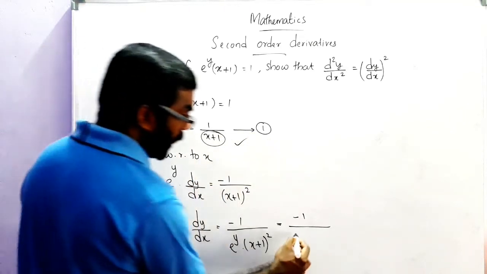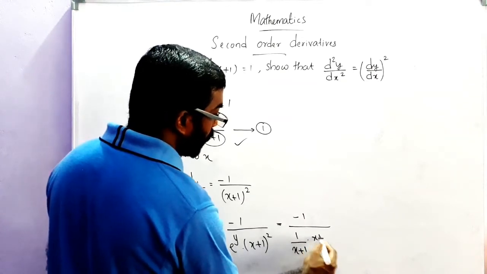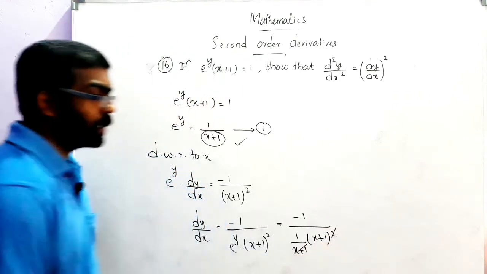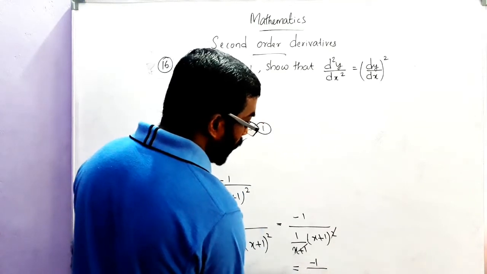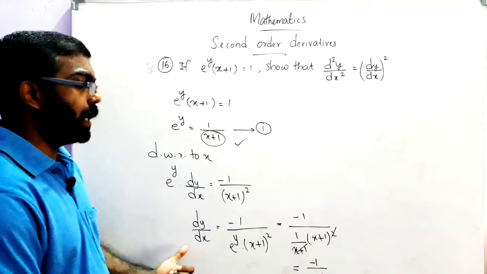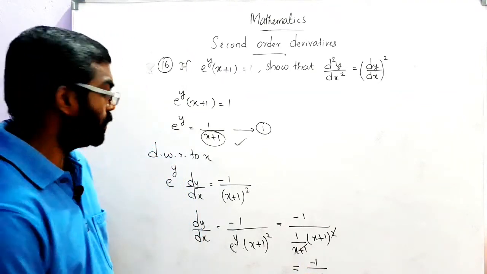That I write here 1 by x plus 1 then into x plus 1 the whole square. This square and this term cancel and it becomes minus 1 by x plus 1. So dy by dx is equal to minus 1 by x plus 1.